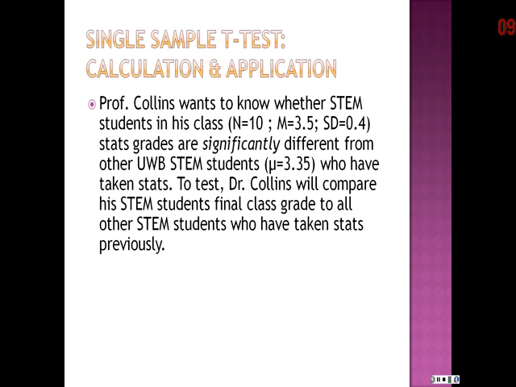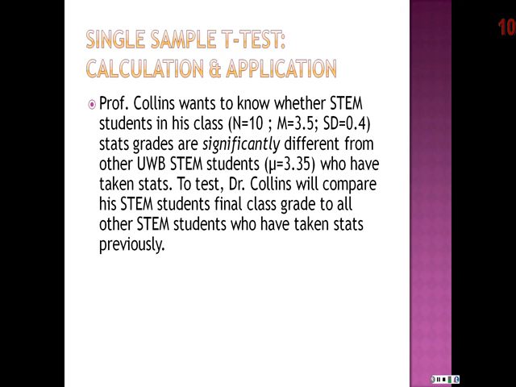So let's think about what we would do if we did not state this directionally, if we did this without direction. Let's use the same scenario. Professor Collins wants to know whether STEM students in his class' stats grades are significantly different from other UWB STEM students who have taken stats.